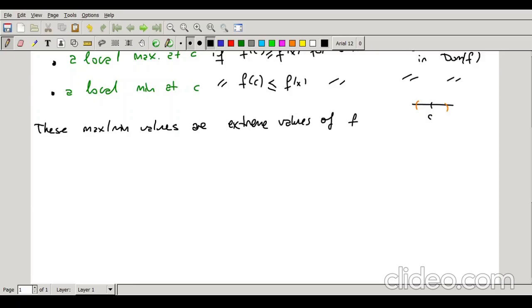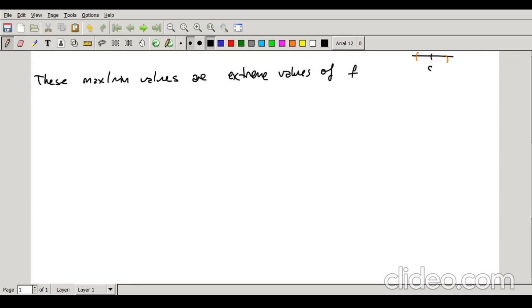Let me show it in a graph. If we have the following type of graph, this is the y-axis, this is the x-axis. Let me introduce a simple graph of f in that way.